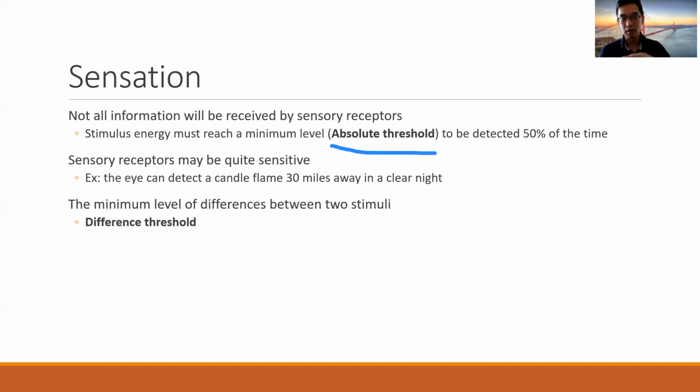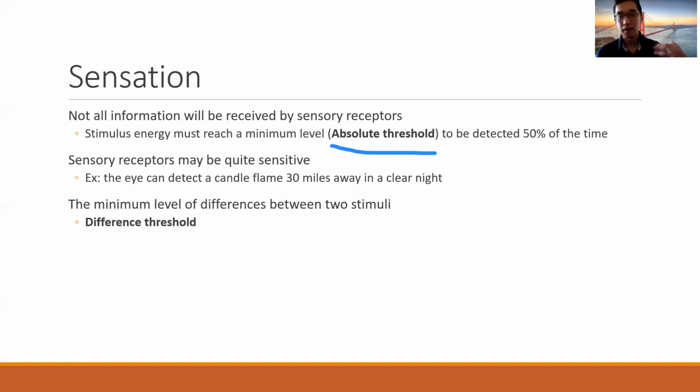So we can tell whether there is a smallest difference that people can tell. That smallest difference is called a difference threshold, or the minimum level of difference between two stimuli.